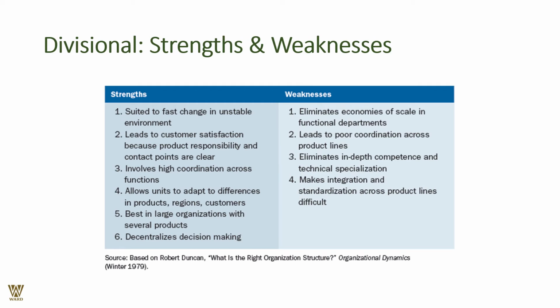Now, what are the minuses, the weaknesses thereof? Eliminates the economies of scale in functional departments, leads to poor coordination among the product lines, eliminates in-depth competence and technical specialization, makes integration and standardization across the product line quite difficult.